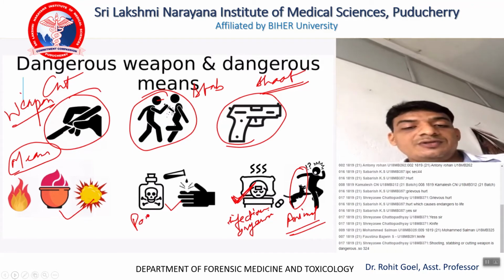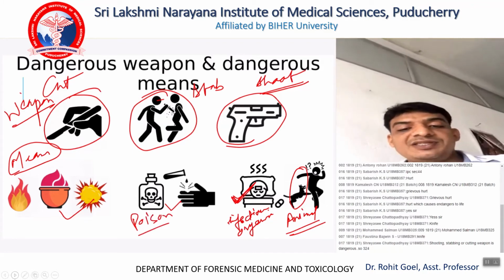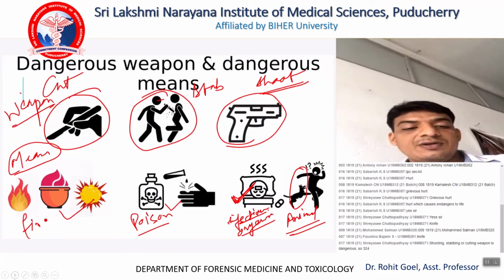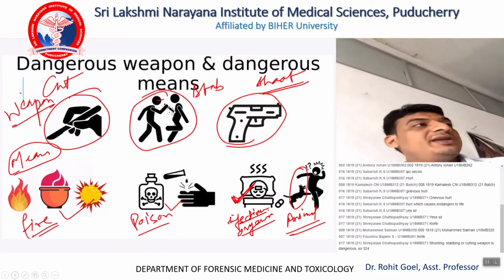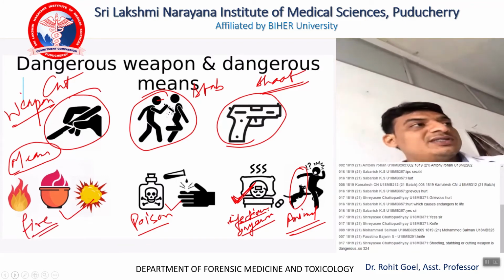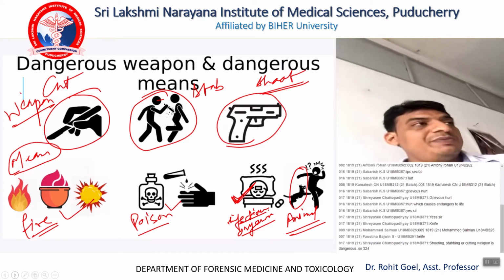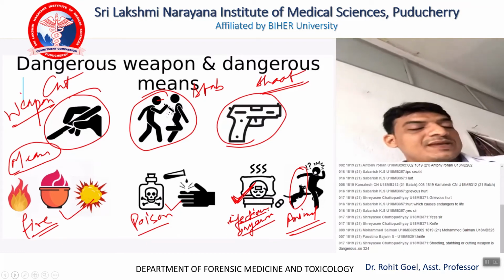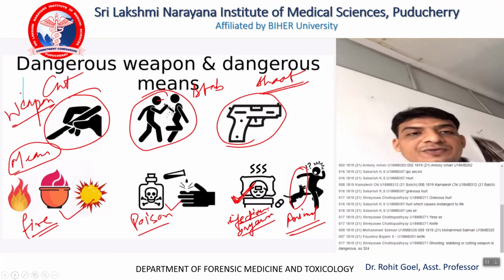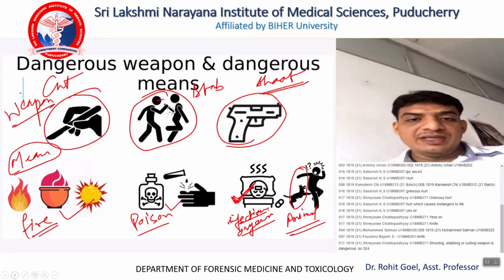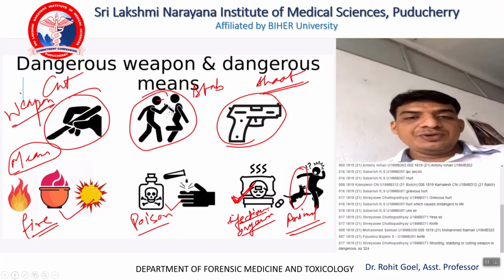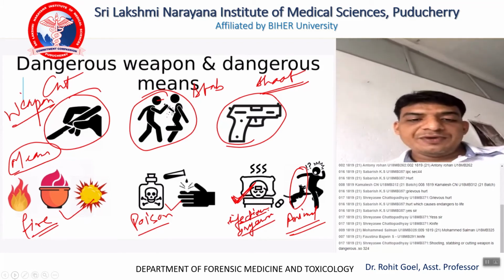Poison, infectious organism, infectious agent, fire. So these are included in section 324 and section 326 of IPC. These are defined in section 324 and 326 of IPC. This will be asked to you at many stages, starting from your Viva to MCQs also.